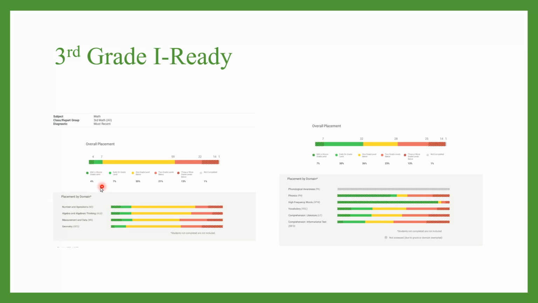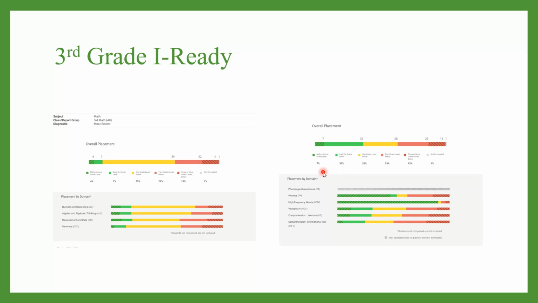As we can see here, we have about 4% who are mid or above grade level. We have 55% who are one grade level below. Three or more grade levels below are here in the red, so that's about 14%. Over here, we have our reading data.